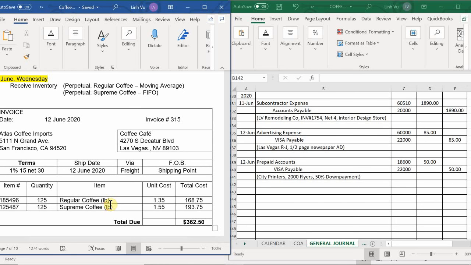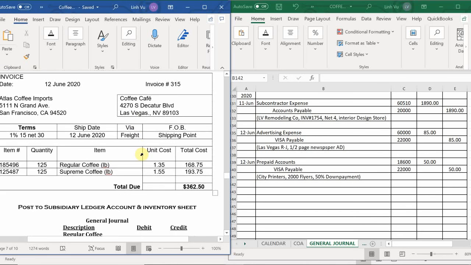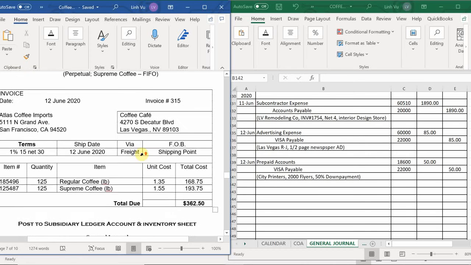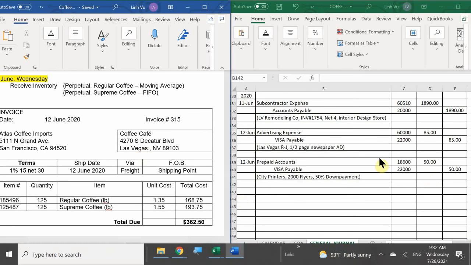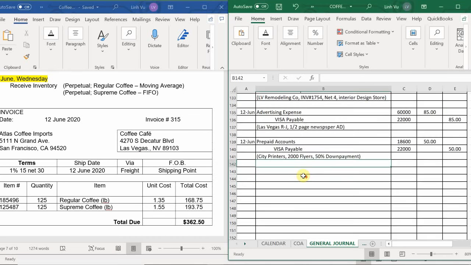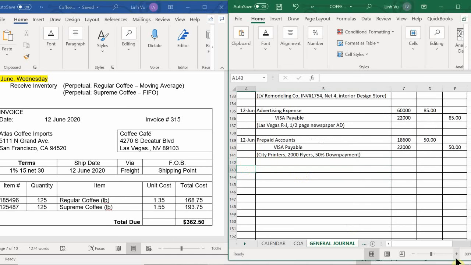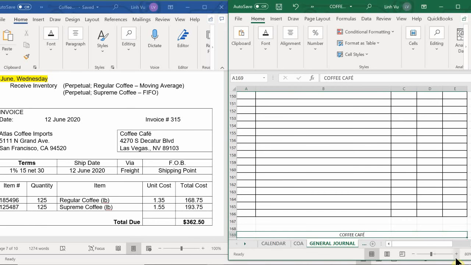With that being said, like I mentioned before, I've already indicated everything you need in the inventory worksheet. But since this is perpetual inventory, let's take a look at what my bill was. In this case, the total came out to be $362.50. Now, if this is perpetual inventory, how do I journalize perpetual inventory? Oops.